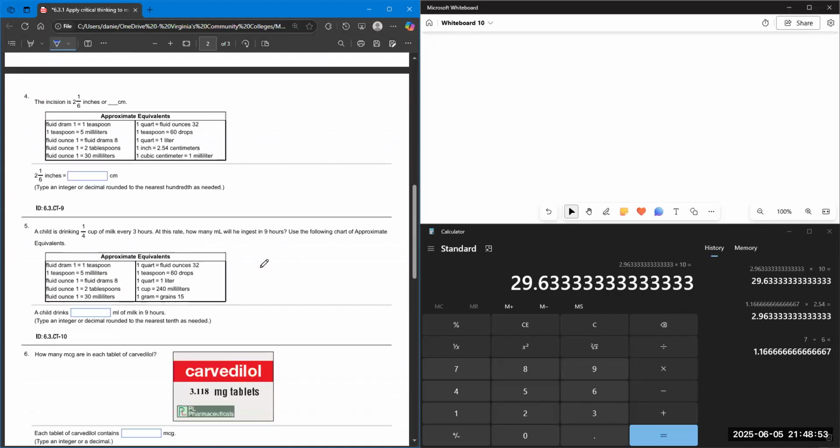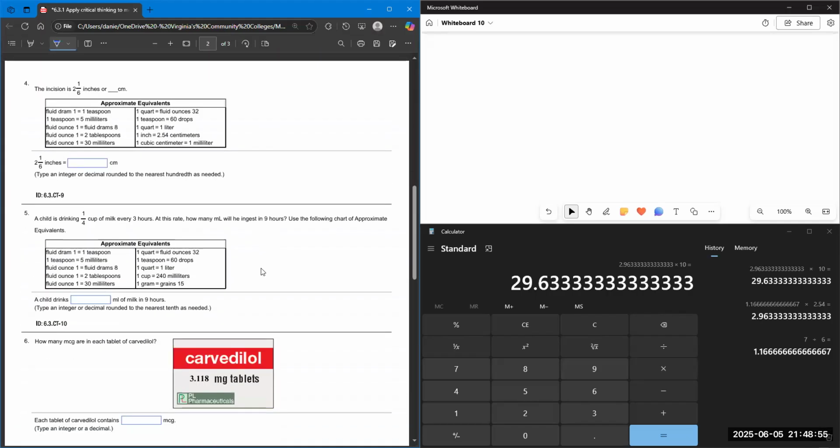I might need that whiteboard, I might not. We'll see. 2 1/6. Yeah, let's use the whiteboard over here. 2 1/6 inches times 1 inch is 2.54 centimeters, times nothing. So 13 over 6 inches times 2.54 over 1.